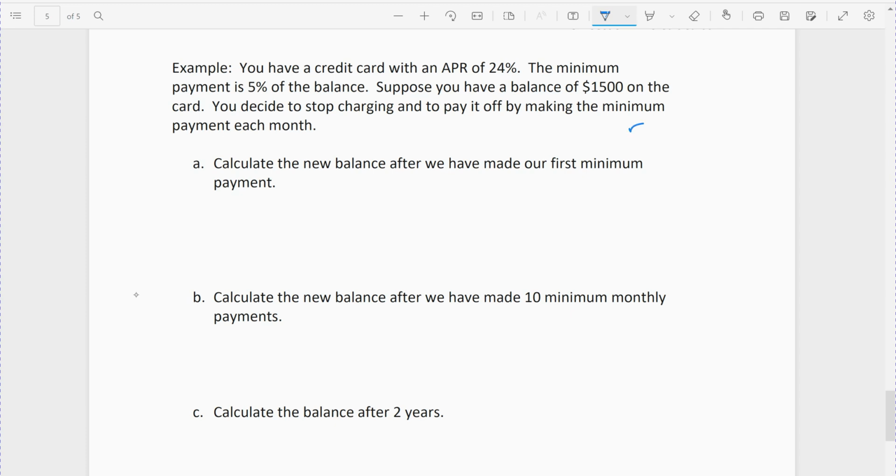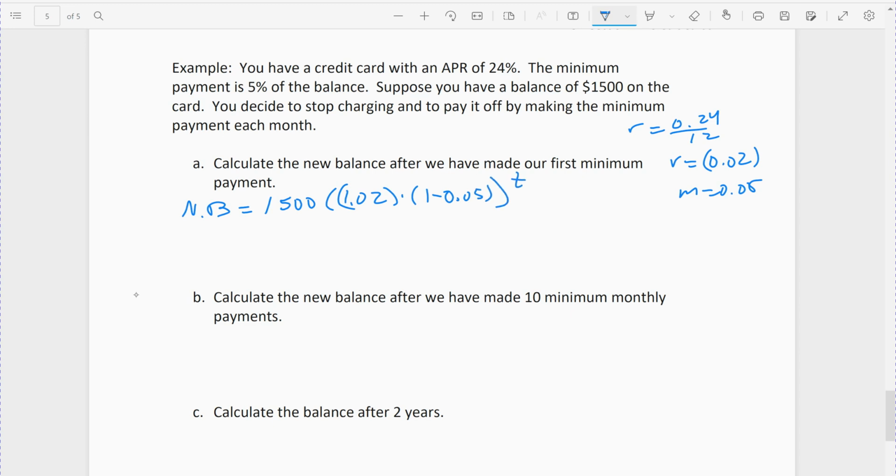So R is 0.24 divided by 12. Well, actually, that R comes out nicely to 0.02. M is 0.05, right? 5% of the balance. So our new balance is 1,500 times 1 plus R, so 1.02, times 1 minus M, raised to the T. So remember, the T is outside.